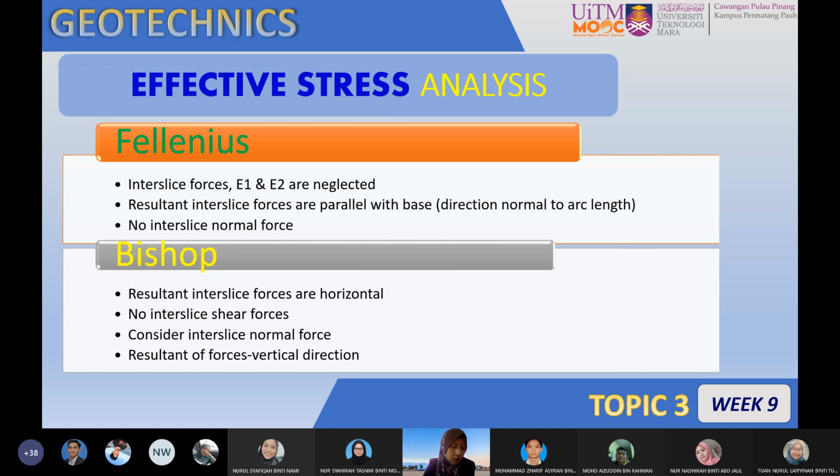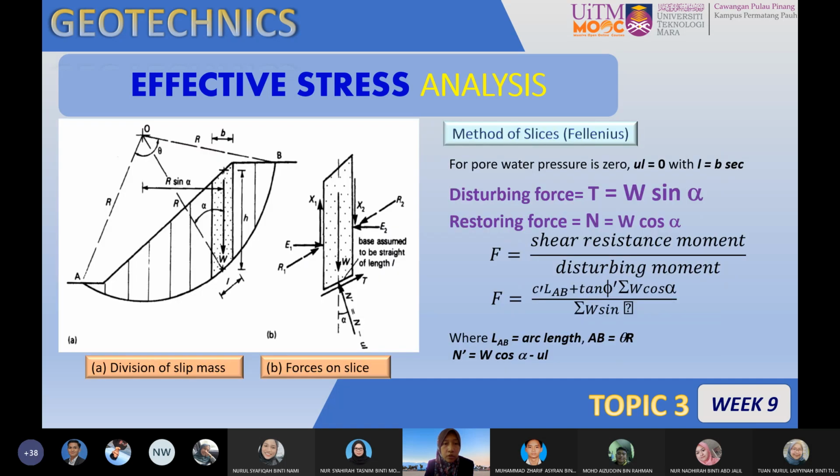For Bishop, the resultant interslice forces are horizontal, with no interslice shear forces. Consider the interslice normal force, the resultant of forces in the vertical directions. So there is more complexity in the Bishop theory, as you will see after this.